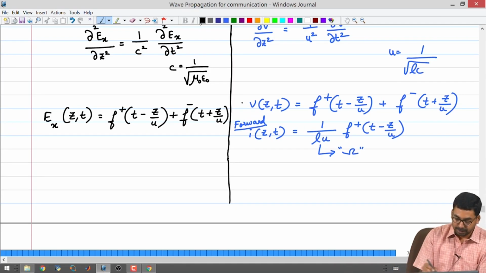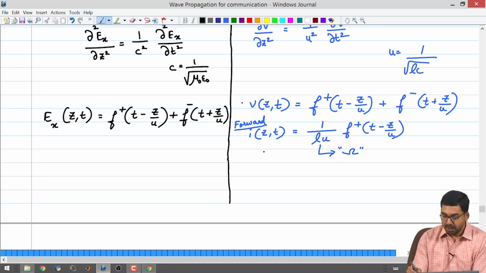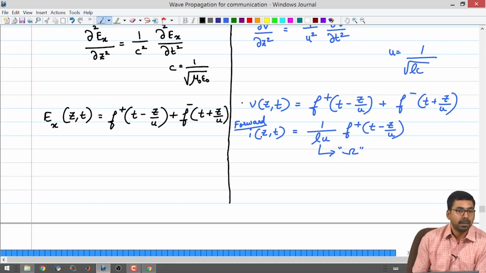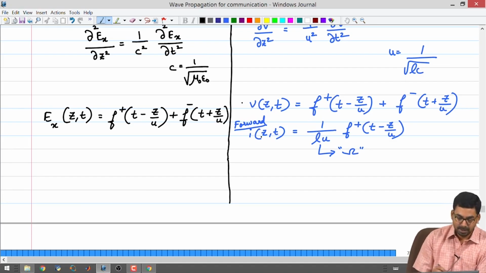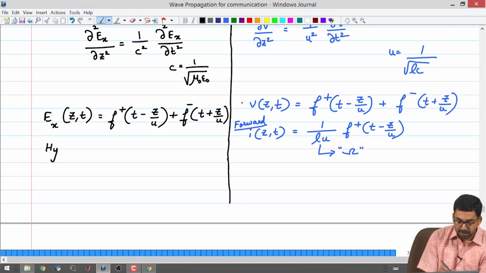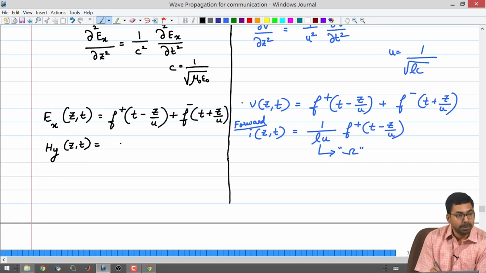Now we go to the left hand side. The equivalent of current in the case of the curl equations that we have written is going to be the magnetic field. So we can write this down as H y of z comma t is, say, 1 by Lu.